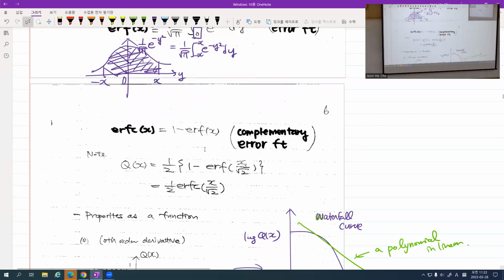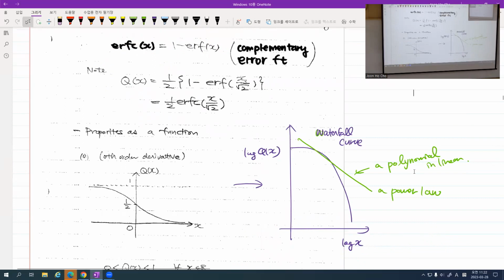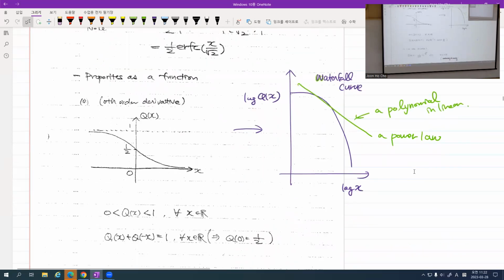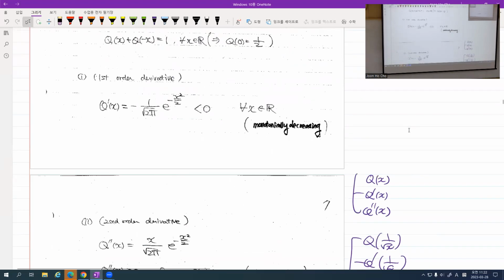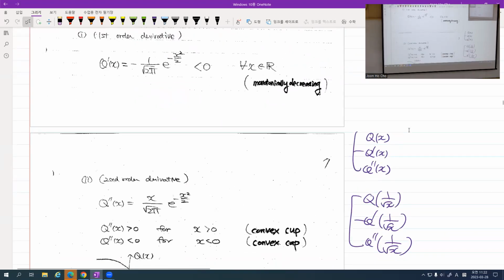So we've seen the zeroth order properties. And we have the first order derivative. And of course, as you remember, the Q function is what? A monotonically decreasing function. So as we've seen from high school math, the first order derivative is always a negative value. And the second order derivative.